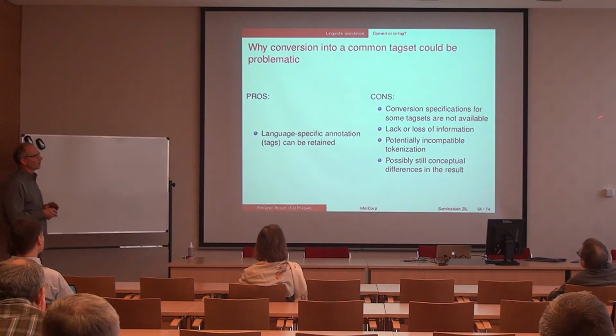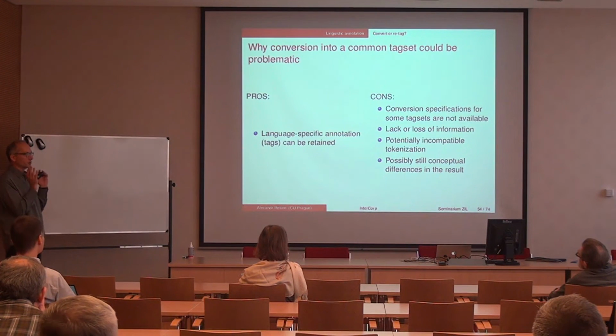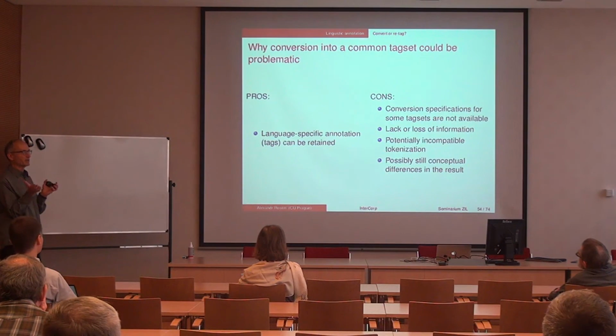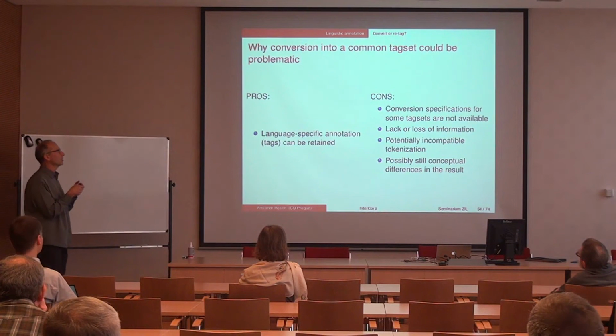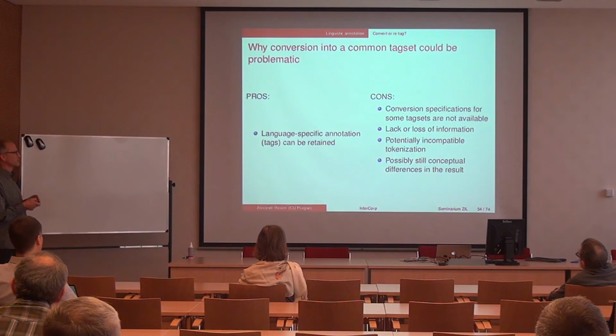But it's really hard for some text sets or languages to find the specification for that conversion. So you end up writing something yourself, or adding something to something that is not really as good as you would like to have it.